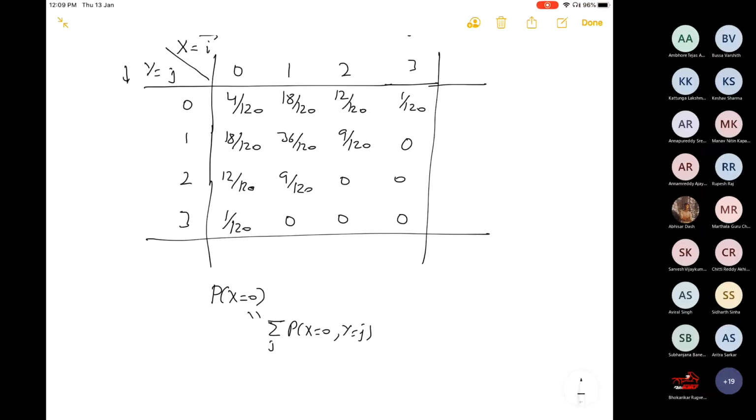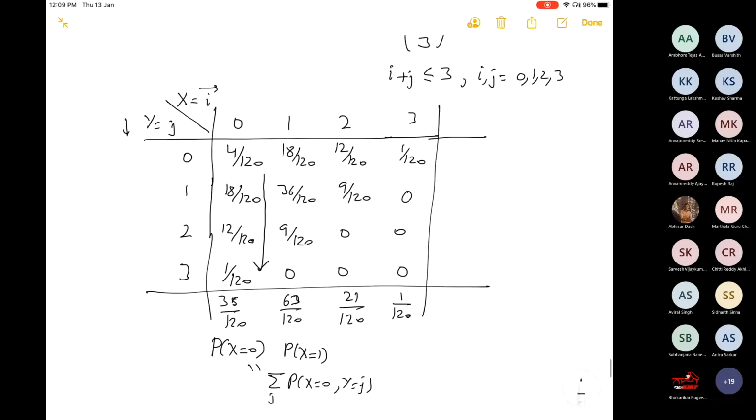That means you sum these probabilities and you get the probability x is equal to 0. That will be 35 by 120. Similarly, the probability x is equal to 1 is 63 by 120. This is 21 by 120, and the probability x is equal to 3 is 1 by 120.